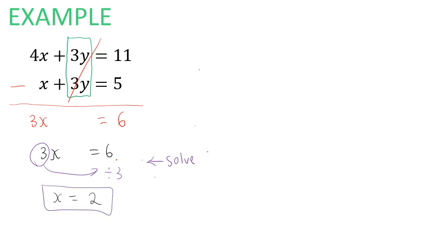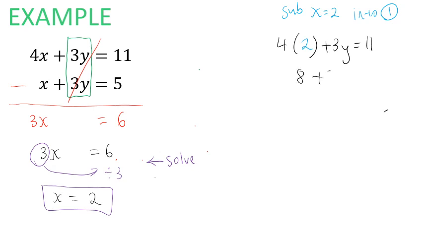Now last step, sub x equals 2 back into one of the equations. I'll put back into 1. So 4, instead of writing x, I'm going to put in 2. Plus 3y equals 11. 4 times 2 is 8. Plus 3y equals 11.